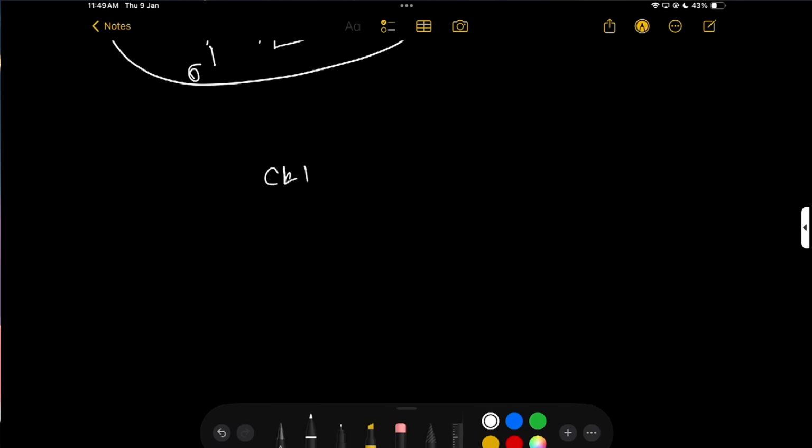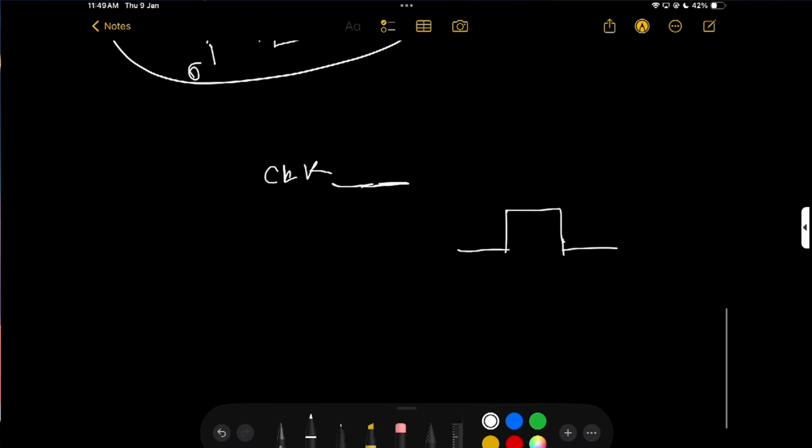So this is my clock that goes to, suppose if I make a graph, this is my clock. Here we do something like that. So I need a positive edge clock.